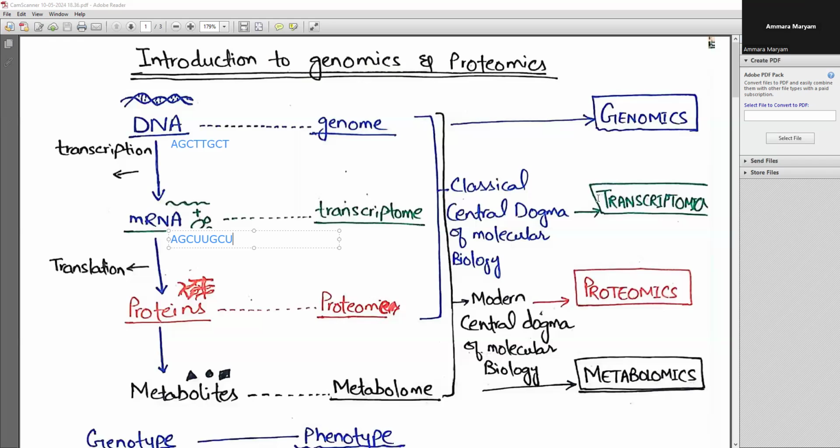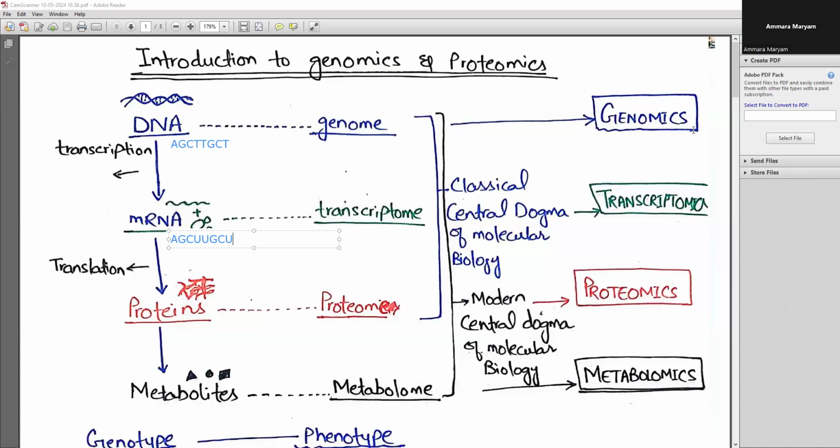So in case of omics, the study of the complete set of genome is genomics. It involves the complete study of the genes and genome in an organism, including their sequencing, analyzing their structure, their function, as well as their evolution.